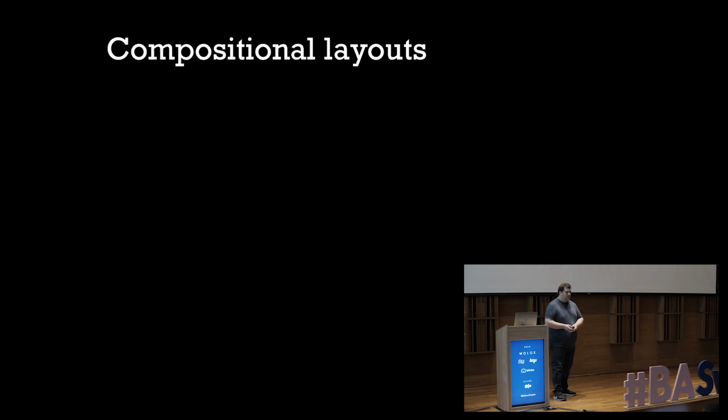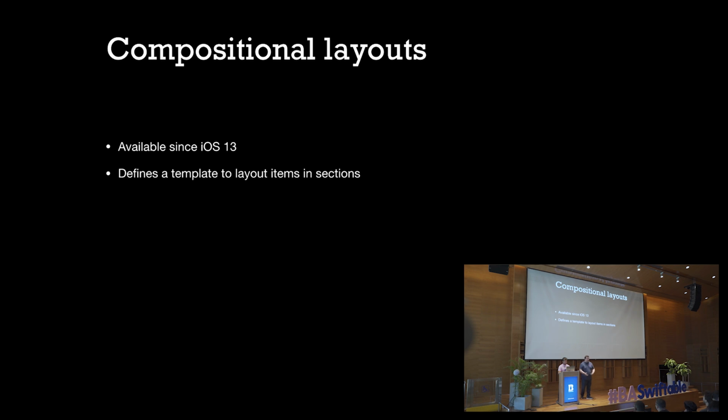All right. So that's awesome, but it's really difficult to do. But something new in iOS 13 is the new Compositional Layouts API. It's available since iOS 13, and what we can do is define templates for sections.